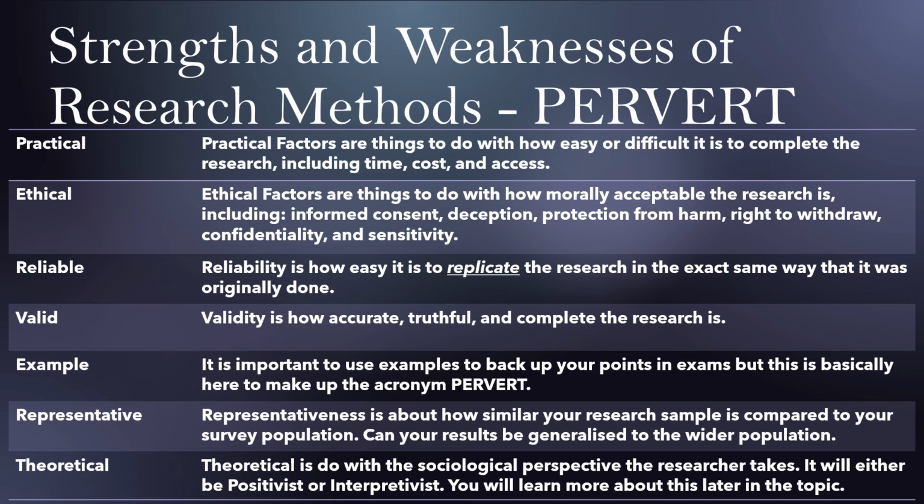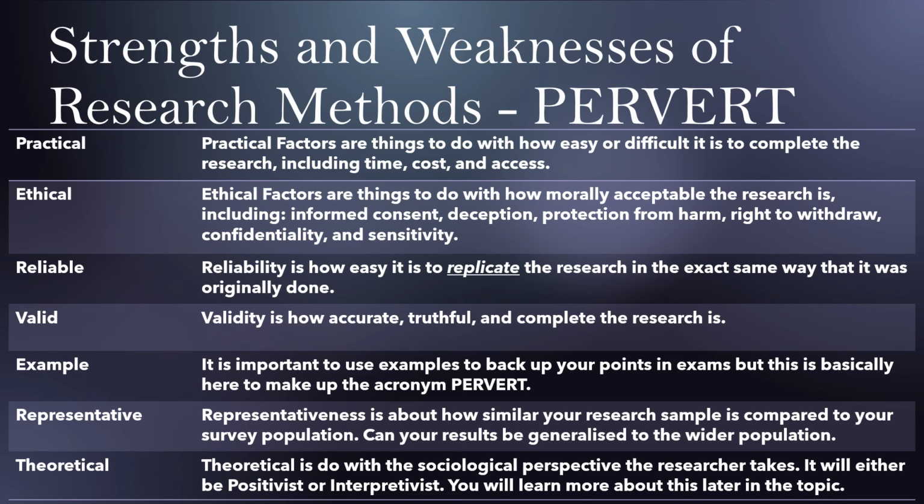Then you've got the final one, which is theoretical issues. Now, I'm going to do an entire lesson on this because it's really important and it's something that's quite difficult to wrap your head around. But for now, all I'm going to say is that it's about the perspective, the way that the actual researcher, the sociologist, views society. And you generally fall into one of two groups as a sociologist.